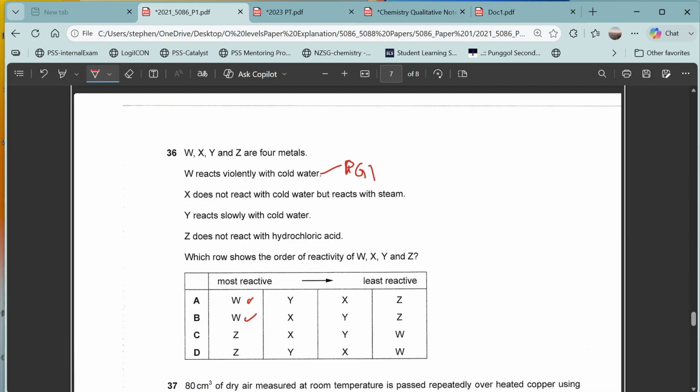From here, I think Z is the least reactive because it doesn't even react with acid. So I'm left with X and Y. I compare X and Y now. X does not react with cold water but reacts with steam. But Y, look at Y. Y reacts slowly with cold water. Can you see that? So with cold water, it also reacts. Then steam. So I think the answer is A.